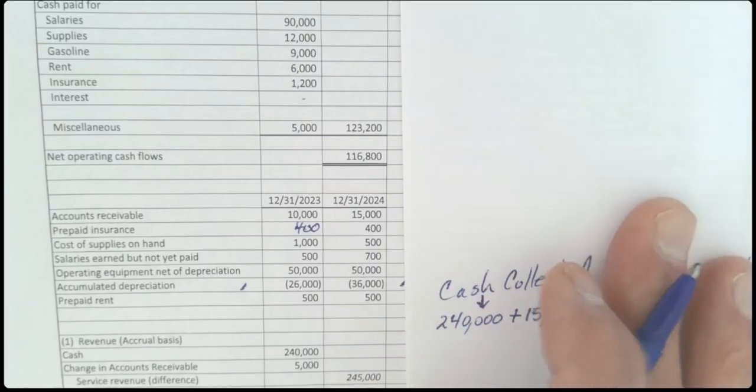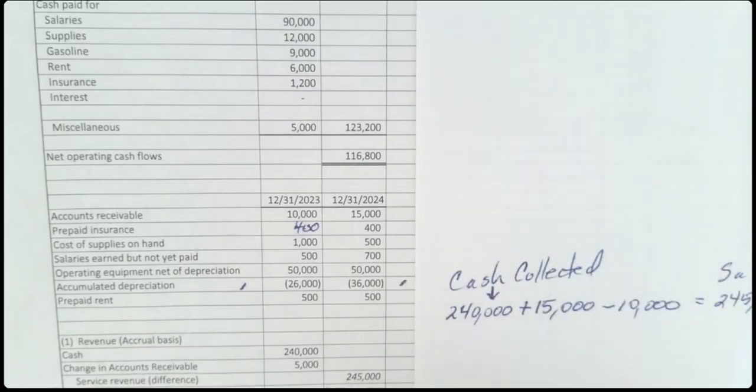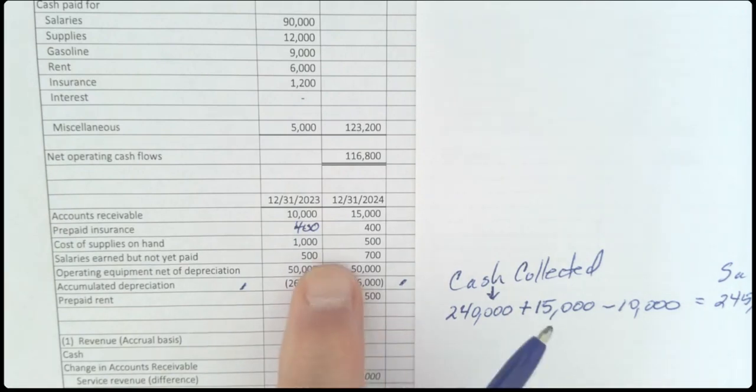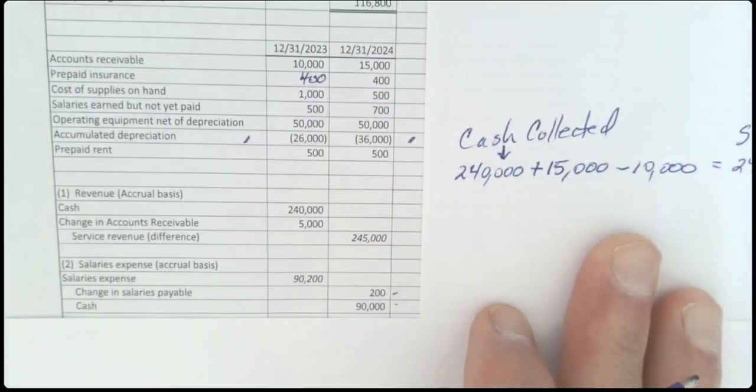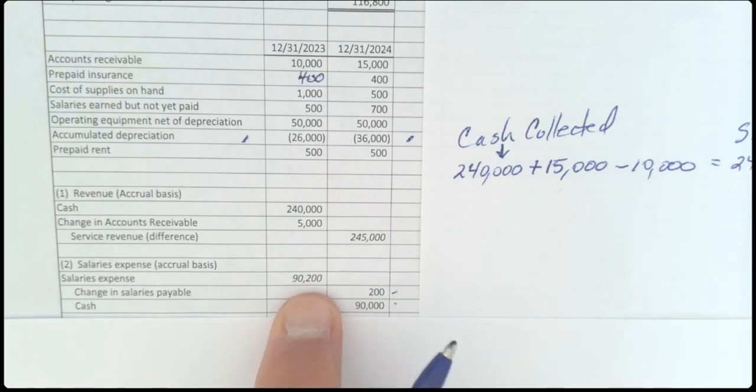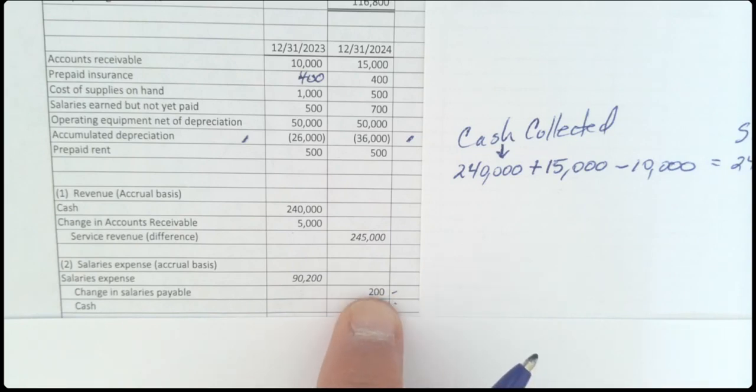So there's the cash paid of $90,000, and there's the credit to the change in payable, because it increased from $500 to $700 during the year. So salary expense is $90,200. The debit to the expense is the $90,000 of cash paid for salaries plus the $200 increase.